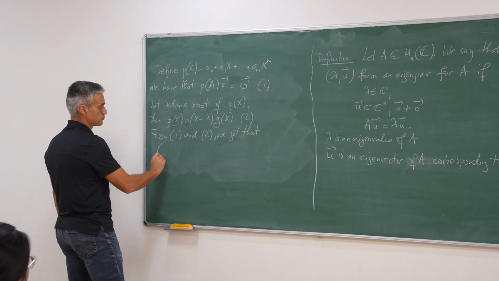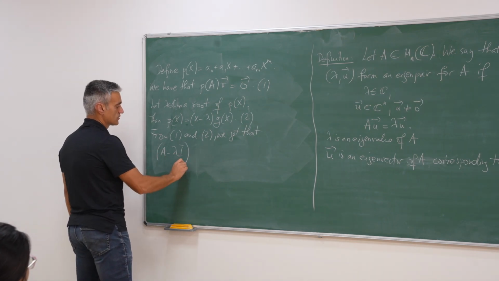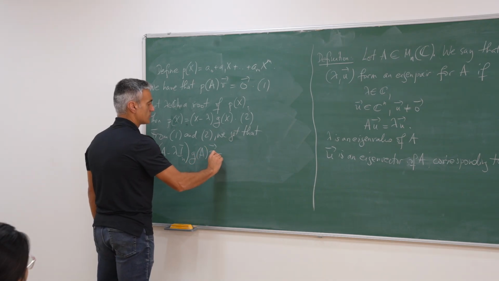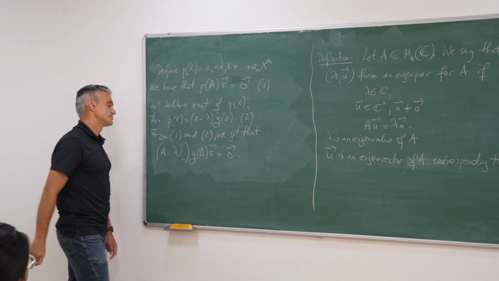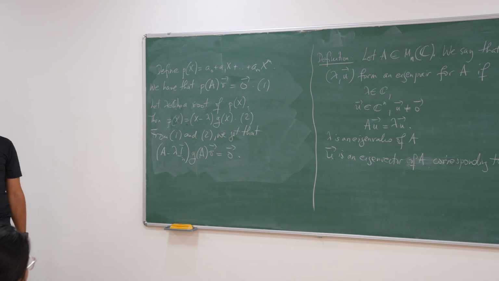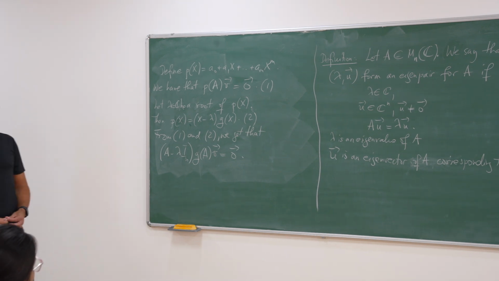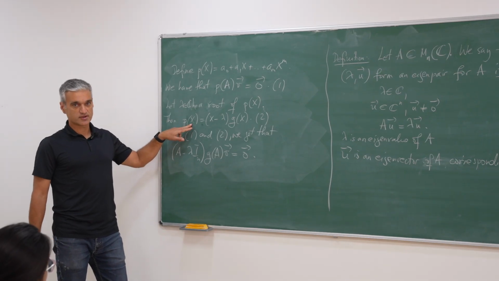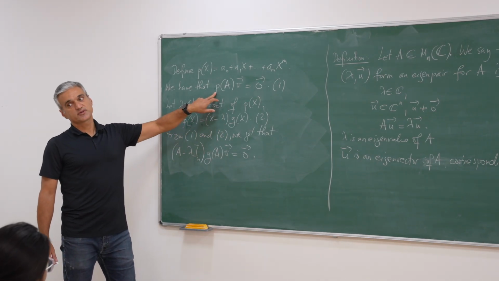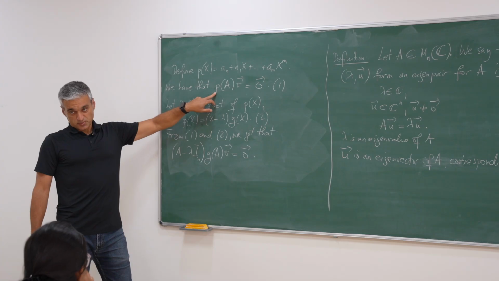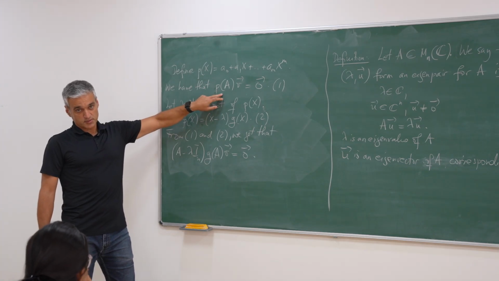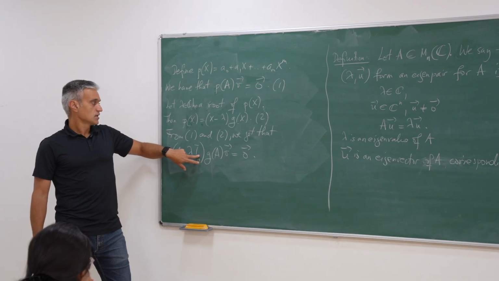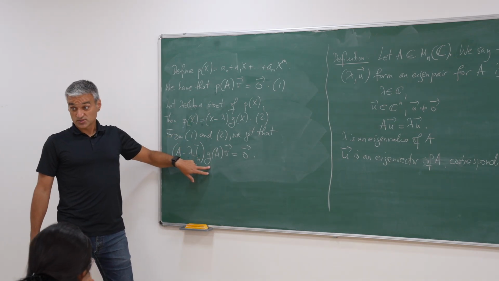We get that A minus lambda I times g of A of V equals 0. Do you see? I factor p of x, where x is a non-determinant, a variable, as x minus lambda times g of x. If I factor the polynomial applied to the matrix, instead of x minus lambda you have A minus lambda identity, and then the g of x gets replaced by g of A.